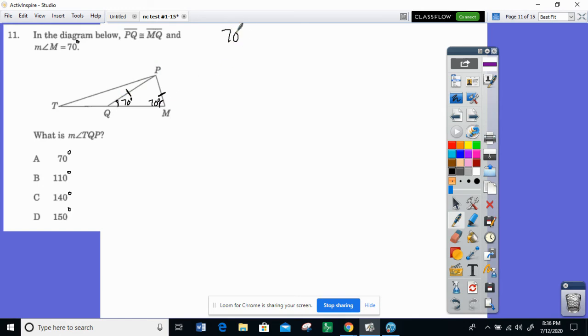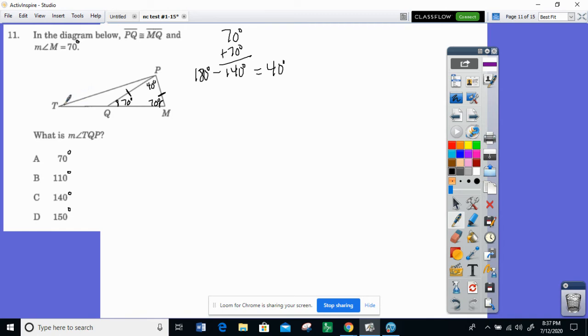Okay, so we've already used 140 degrees of our 180 degrees that we have for triangle PQM. To figure out the measure of angle QPM, we can take 180 degrees minus 140 degrees, that tells us that this angle in the top measures 40 degrees.